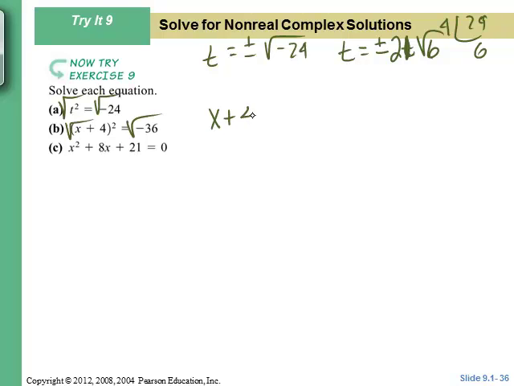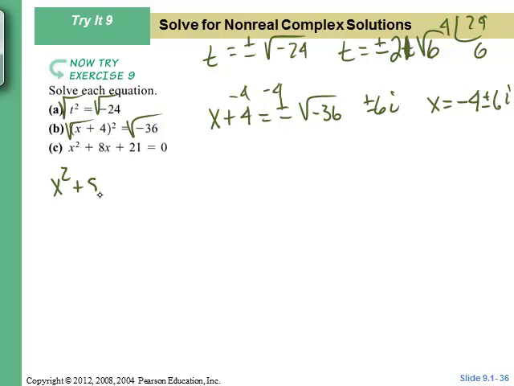X plus 4 equals plus or minus square root negative 36, which is 6i. Subtract 4 from both sides. X equals negative 4 plus or minus 6i. Last one, x squared plus 8x plus blank equals negative 21 plus blank.